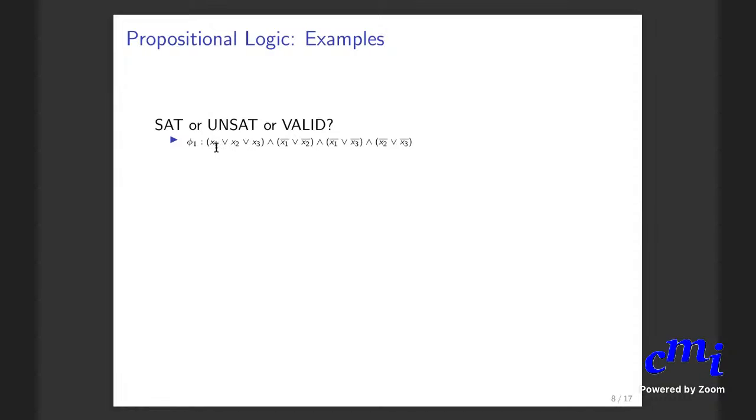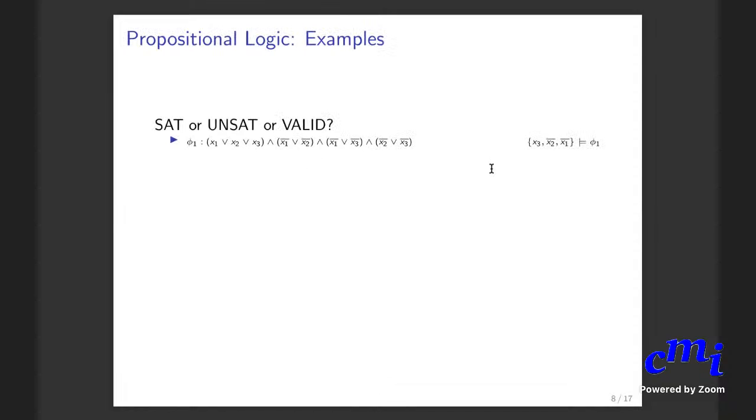At least one of the literals will have to be true. So you can make, for example, X3 false, and make the last two clauses true. And you can pick X2 to be false and make the second clause true. And then you can pick X1 to be true.